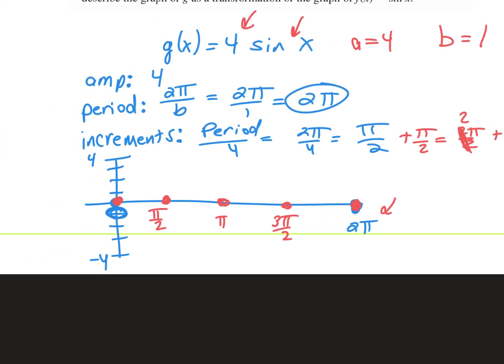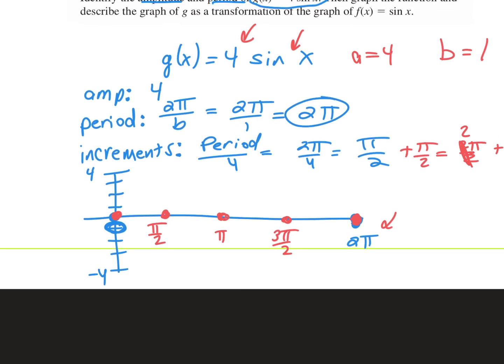Now we're going to graph it. What kind of function is this? Sine or cosine? Sine. Sine starts where? At 0. If it was cosine, where would you start? At the amplitude. This is a positive function. I know it's positive because there's not a negative sign right here. So I'm going to start at 0, and since it's positive, which direction do you think I'm going to go? Right. And which way, up or down? Up. So I'm going to go up to 4. Then I go where?